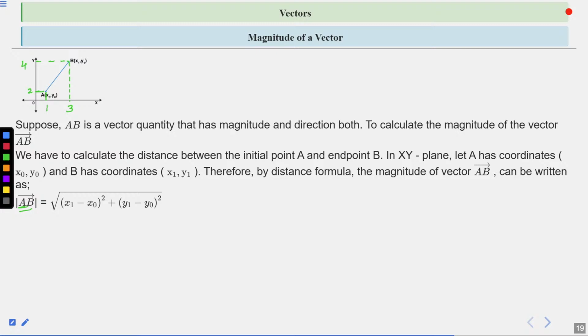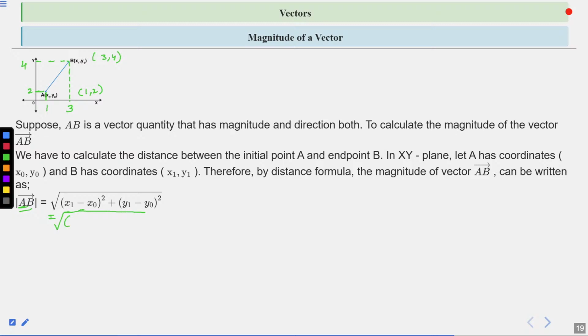So the coordinates of A are 1 and 2, and the coordinates of B are 3 and 4. Now find the distance of AB. What is the answer? Just substitute the values of x1, x0, y1 and y0 in the given formula and you will get the correct answer.